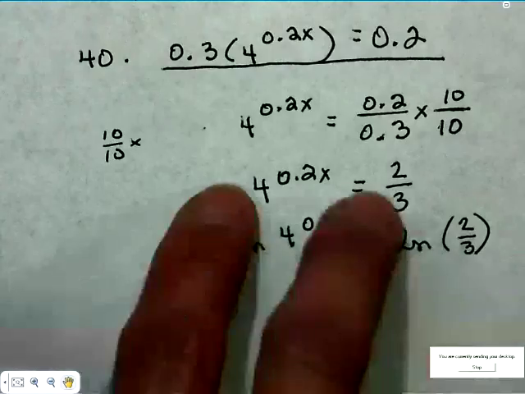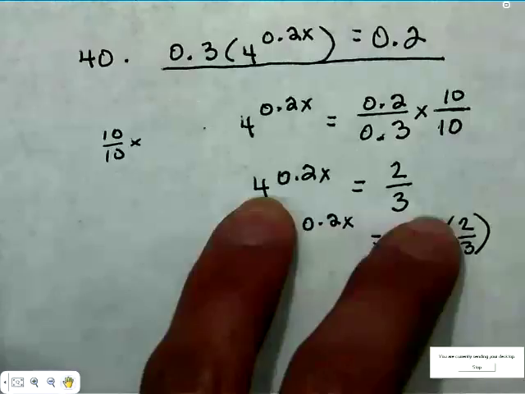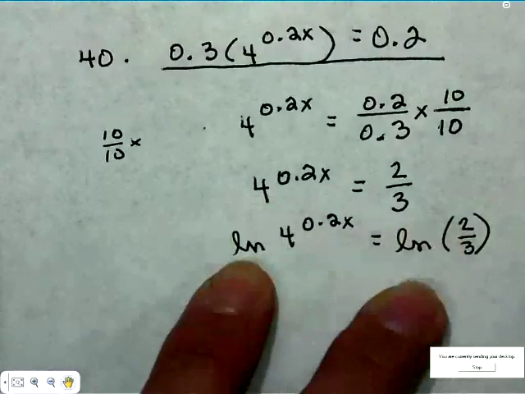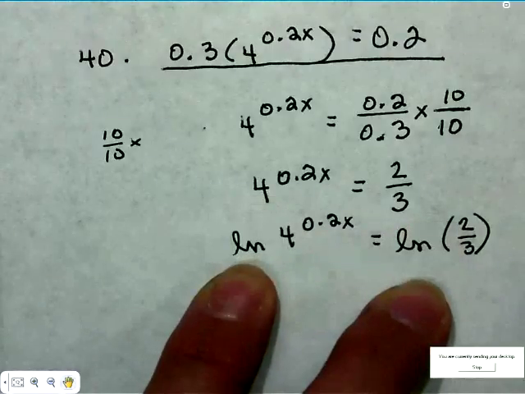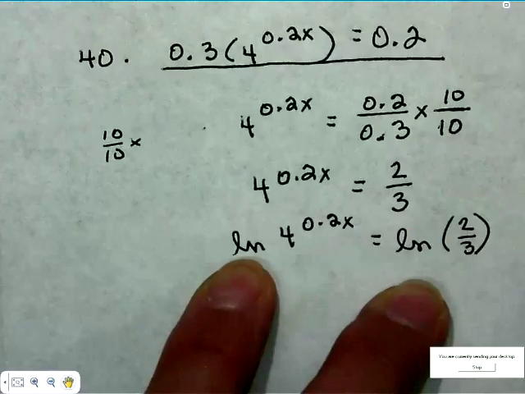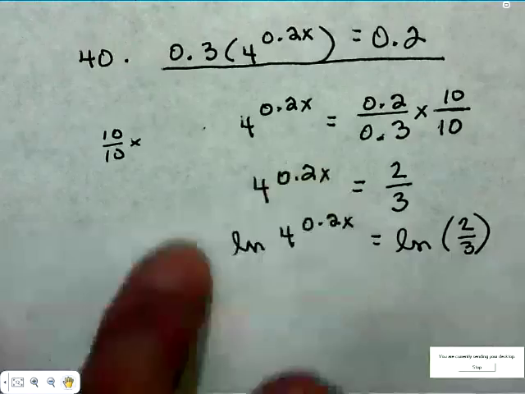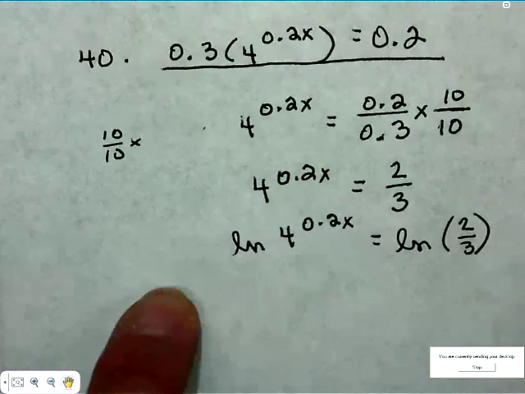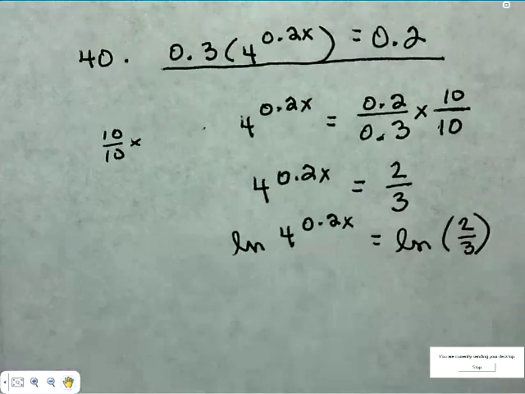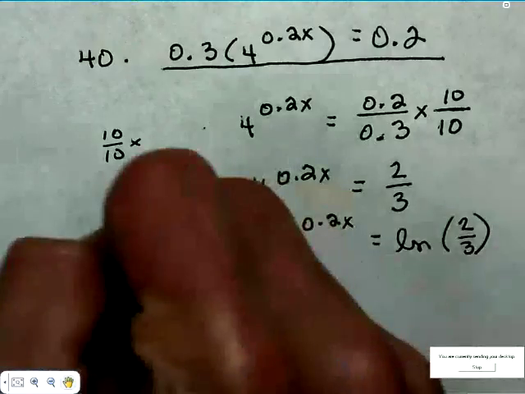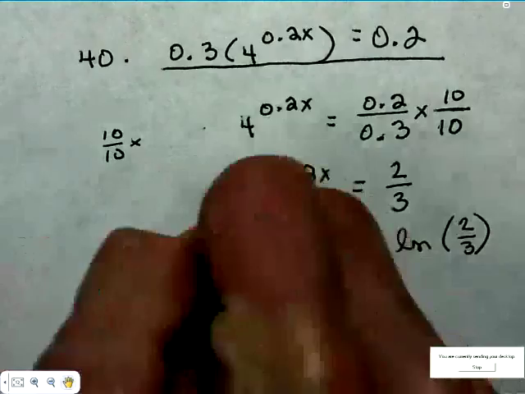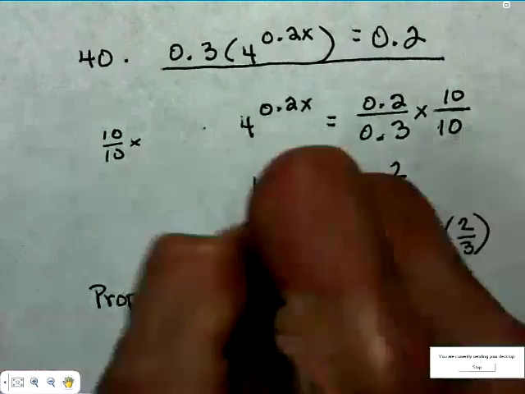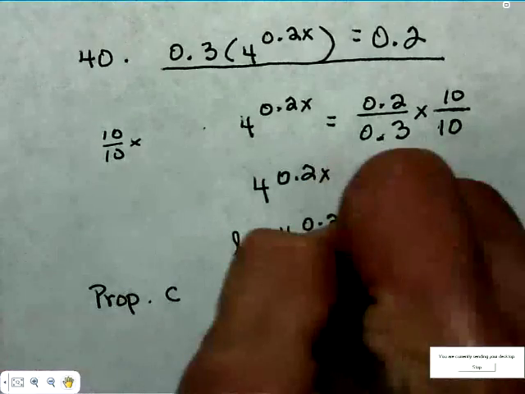Why would you take something that didn't have logs in it and put logs in it? What does that allow you to do next? Bring the exponent out front. That's why we use natural logs, to unexponentiate. Property C from yesterday is what allows me to bring that 0.2x out front.